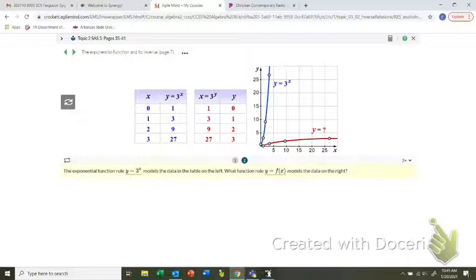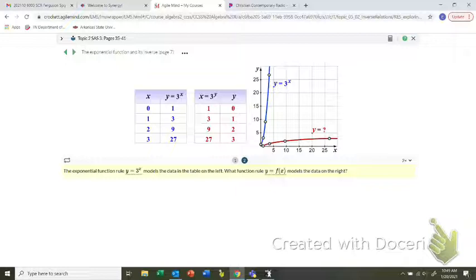Now, this right here leads to number 10. Notice that we already know that y equals 3 to the x is that exponential function. All right? Now, the red.